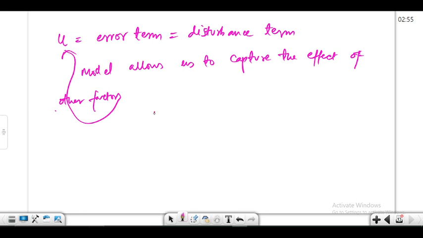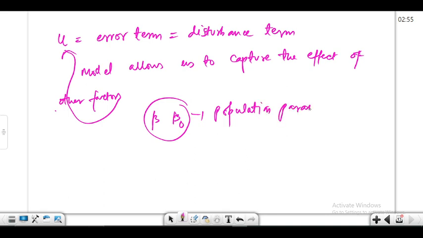So beta 1 and beta naught are called your population parameters. These are the things that we need to estimate. So the entire game is the estimation of these parameters.